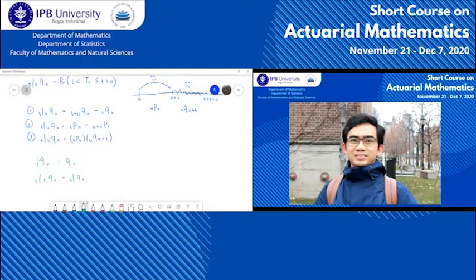However, if you want to write down 1 bar 1qx, we would not write it as bar qx. Instead, we write 1 bar 1qx as 1 bar qx.